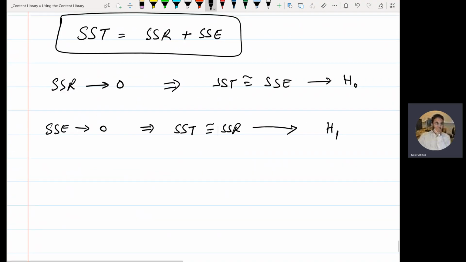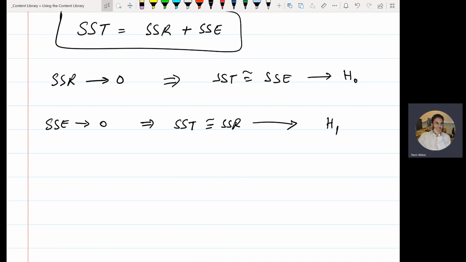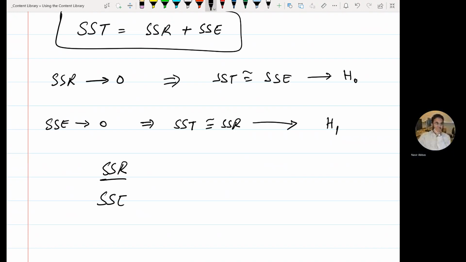What if, instead of a single quantity, I define a ratio, SSR over SSE, sorry, I take them to another scale. Now, if SSR is 0, this ratio will go to what? 0, correct?